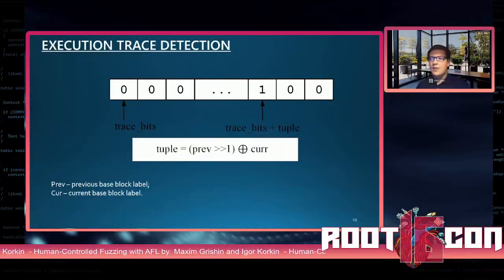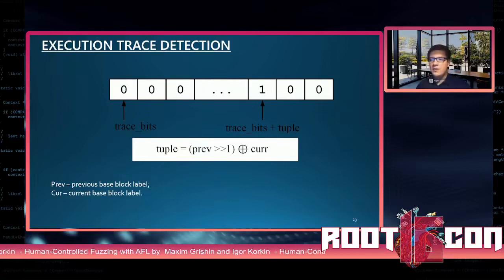Now, I want to show how to detect the trace. At the instrumentation stage, a random integer, called the base block label, is generated in each base block of the program. When moving from one base block to another, the label of the directed tuple is formed by applying the XOR operation and the right shift.